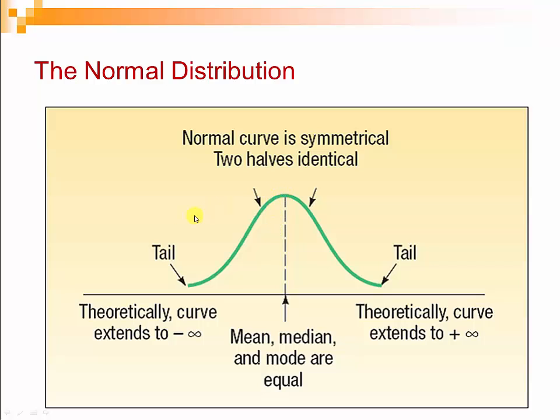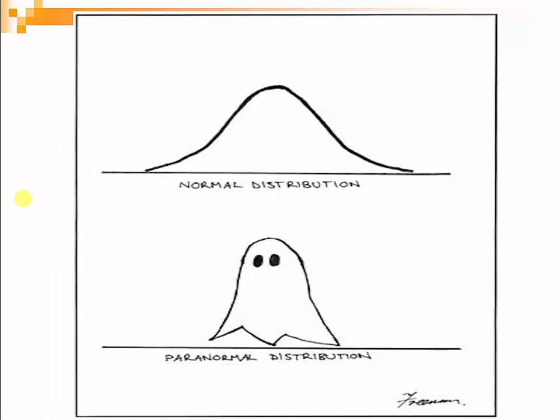So half of the probabilities are on the left side, half of them are on the right side. And the dispersion of this normal distribution is determined by the standard deviation. Now let's take a look at the normal distribution as it's compared to another distribution.